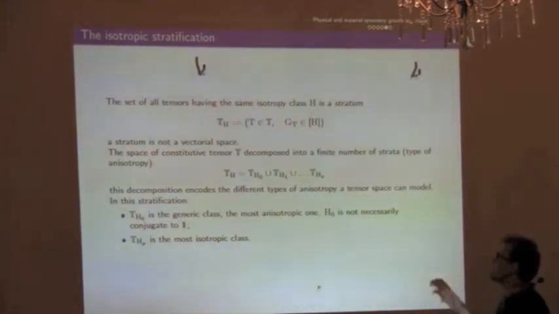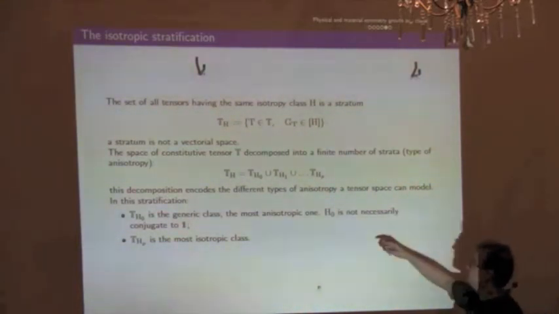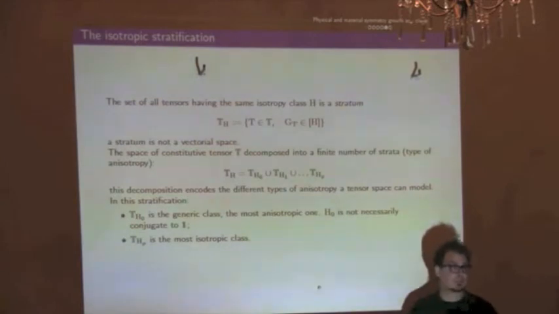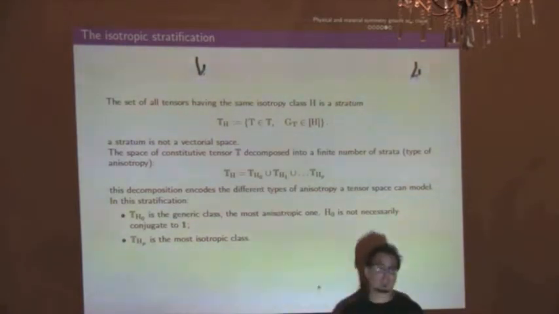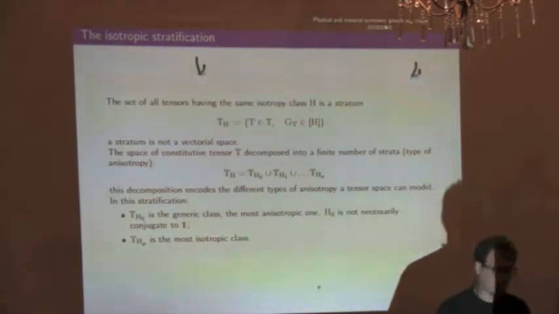So before giving some examples, I will just say two things. In our case, P is always finite. You always have a finite number of symmetry classes. And H0 is not necessarily the identity.